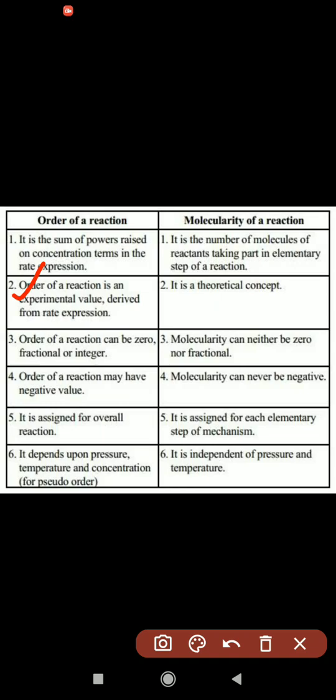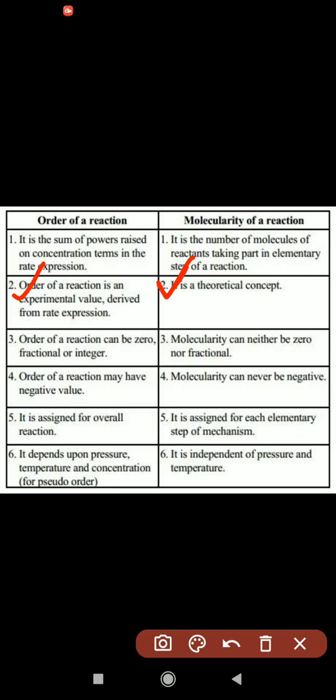By using the balanced equation we can't find the order of reaction. So it is derived only experimentally. Next, molecularity of the reaction is a theoretical concept. While looking at the chemical equation, theoretically we find how many reacting species participated in the chemical reaction.